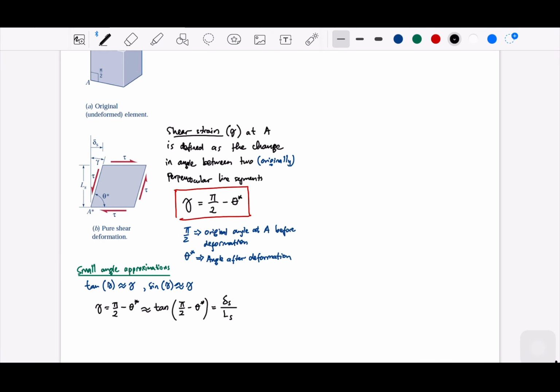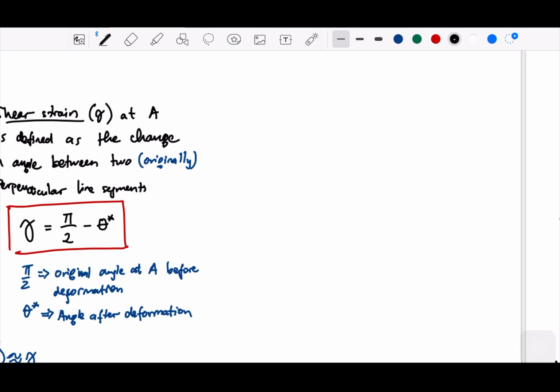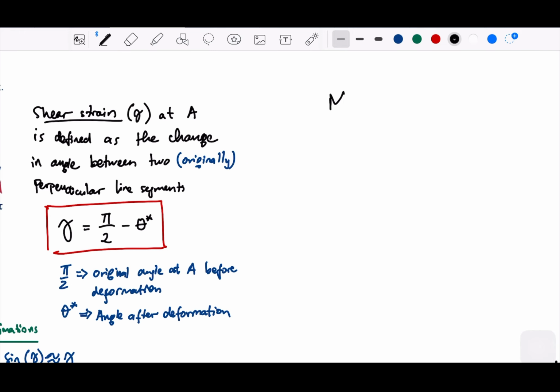So this is shear stress and shear strain as an introduction. Before that, a little bit on the material properties. Just a quick note here.